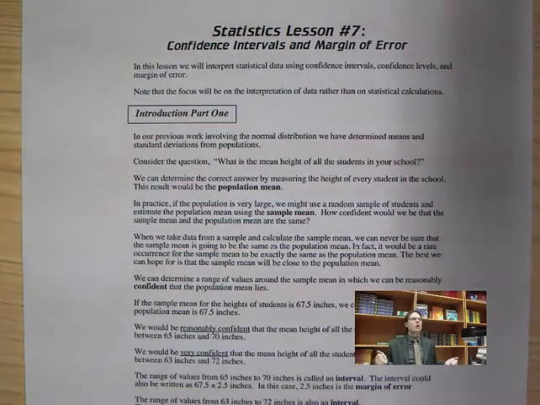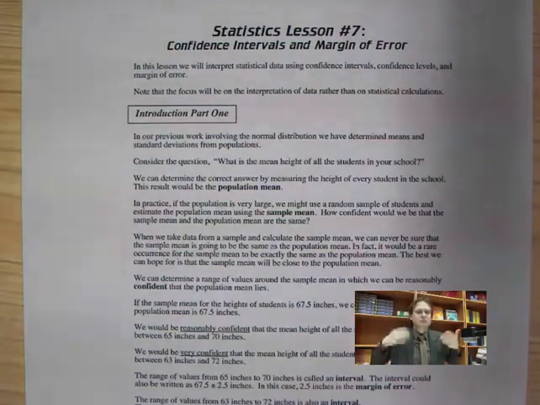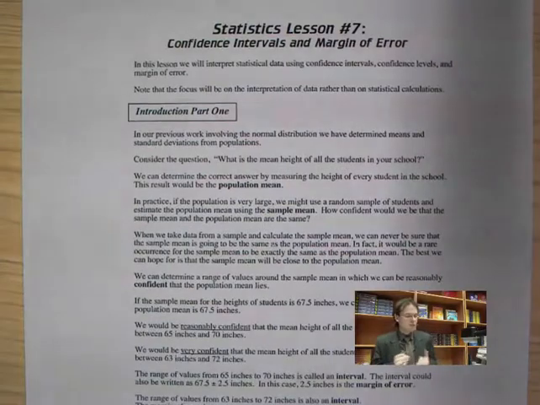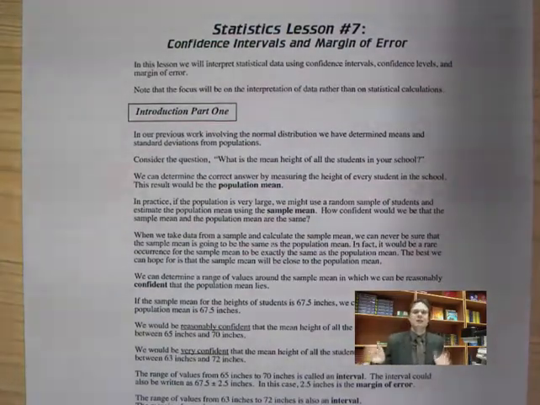And then I said, well, I could be fairly confident, not 100% confident, that the mean for all the math students, the population, is between 65 and 75. All right? So it's between 65 and 75. That is my interval. Okay, so my confidence interval is between 65 and 75. And I could be fairly confident on that.